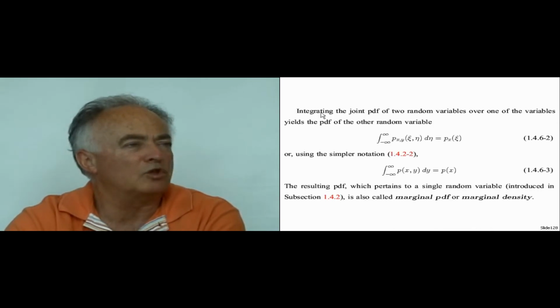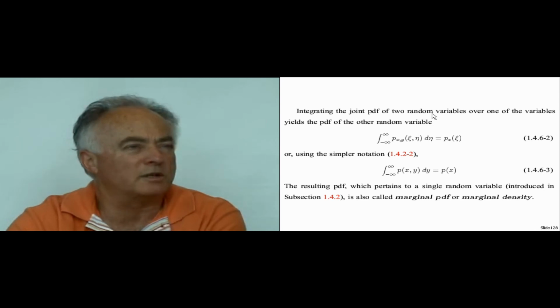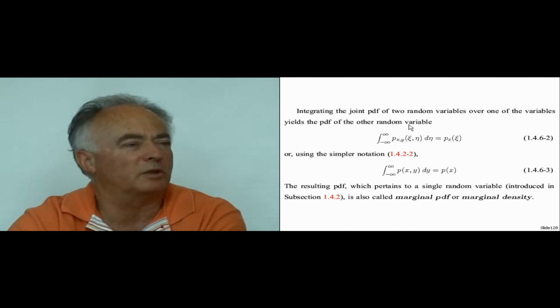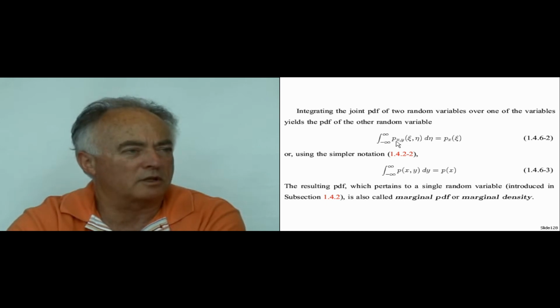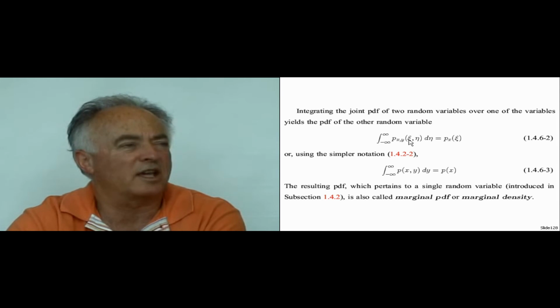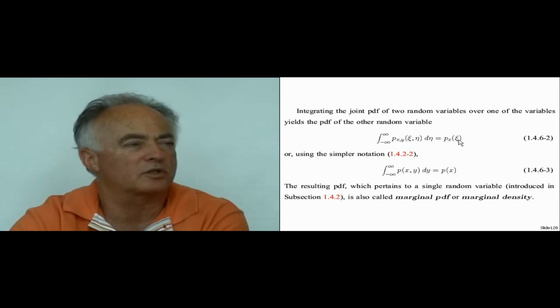Integrating now the joint PDF of two random variables over one of the random variables will yield the PDF of the other random variable. Integral of p_xy, and we're using now the full notation, this is the PDF of the random variables x and y at location psi and eta, over eta is p_x at location psi.